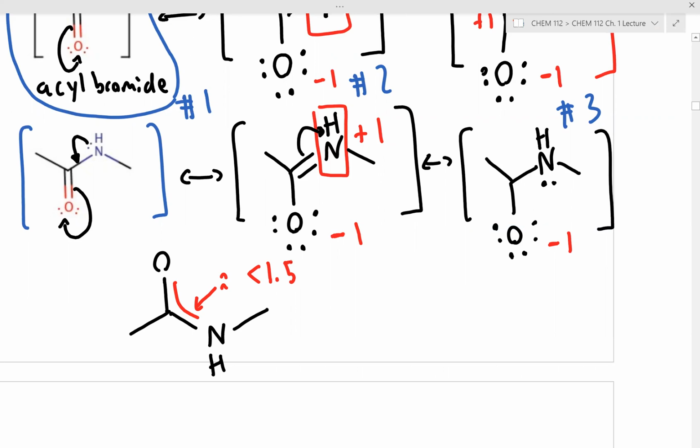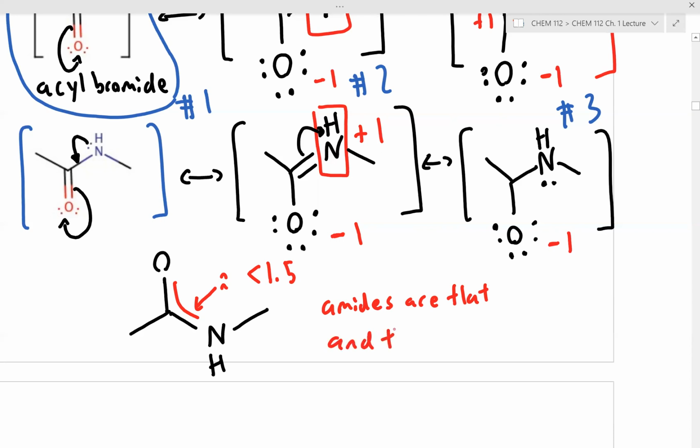So the reason why it's a little bit less than 1.5, but it's still quite stronger than a single bond, is although this is a relatively major contributor, it is not an equal contributor to this first structure, right? Because the first structure is a little bit better, right? Has minimized formal charges, it fulfills the octet rule. So as a result, and the key takeaway from this is amides are flat.